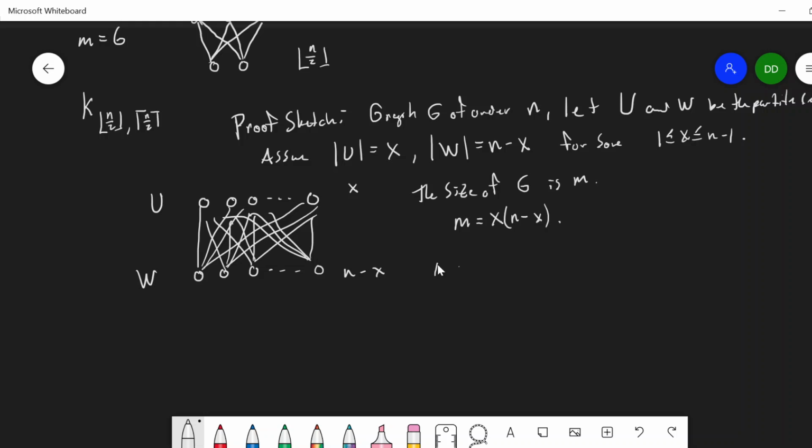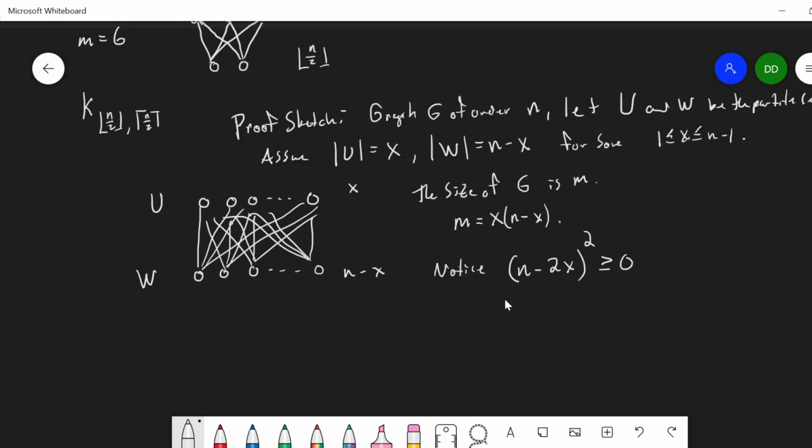So notice, we're just going to take this quantity, n minus 2x, and square it. It could be negative, could be positive, could be 0. But no matter what, if I square this thing, even if it's negative, it'll be greater than or equal to 0.